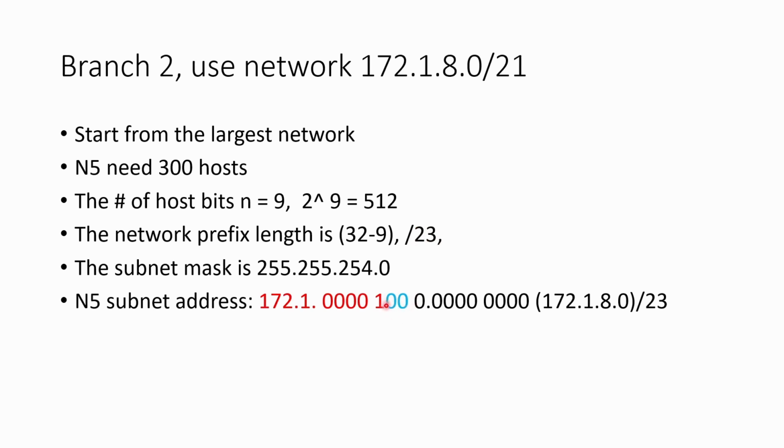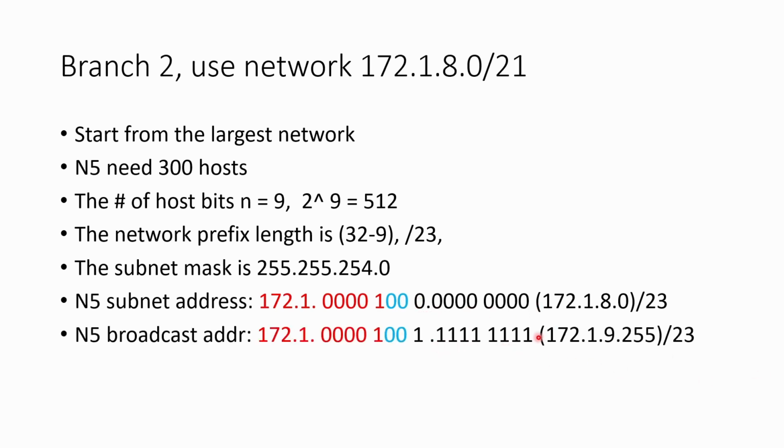The subnet ID is the borrowed bits taking the value 00. And the range is when all the 9 bits take the highest value, all 1s. The host portion starts from all 0s going up to all 1s. That's the whole range for M5.